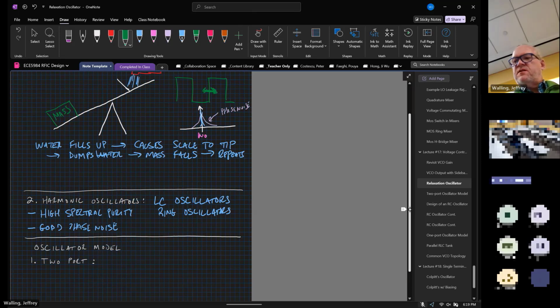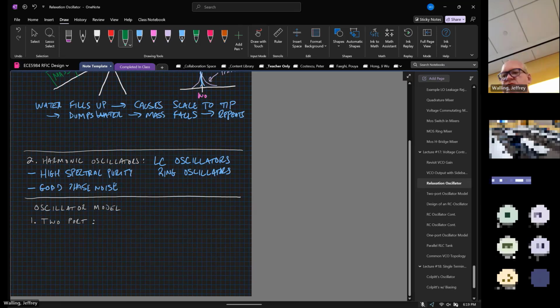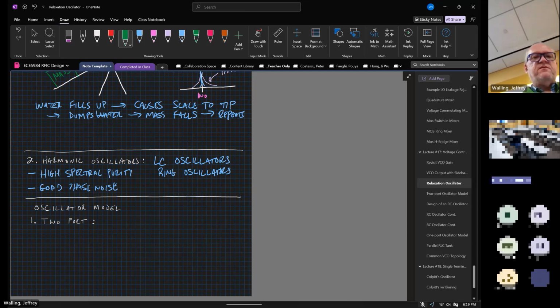Okay, so let's look at an oscillator model. First, we're going to start with a two-port model. So here is our two-port model for our oscillator. Those of you that have taken analog before might have seen a circuit that looks like this. We have some transfer function in the forward direction, A of S, and we have a transfer function in the reverse direction.